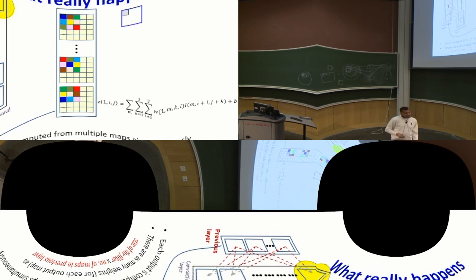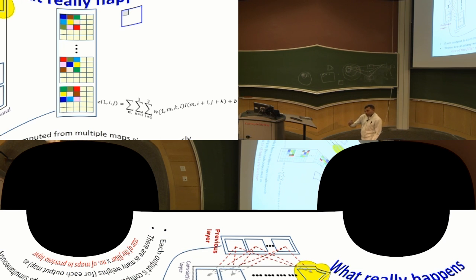But then let's look at what this business of scanning really means. When you compute the output value at any particular location, you're not looking at just one region. You're looking at all of these maps simultaneously. So what this means is that if I'm using a 3 cross 3 filter, that filter is going to have one 3 cross 3 pattern for each of these guys, and these patterns need not be identical.